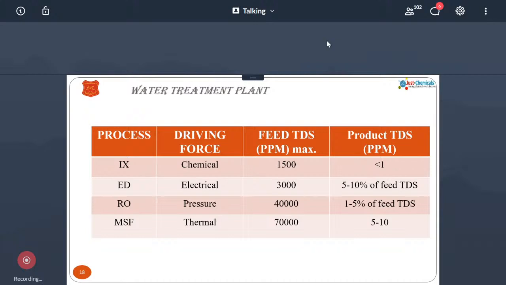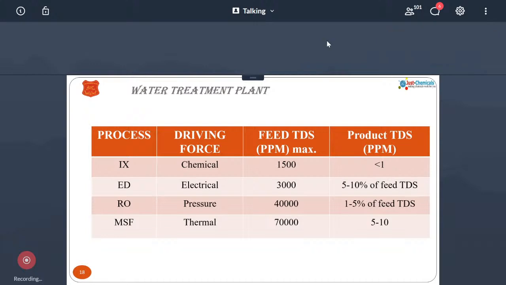For dissolved solid removal, TDS, the first we employ is ion exchange. IX is the ion exchange method, which is actually a chemical method where the feed TDS can go maximum up to 1500 and the product TDS may be lesser than 1.